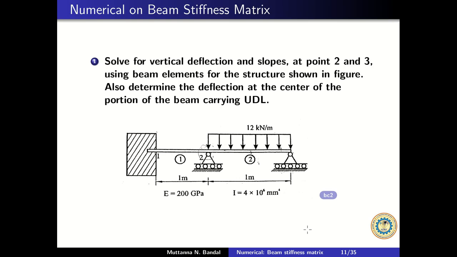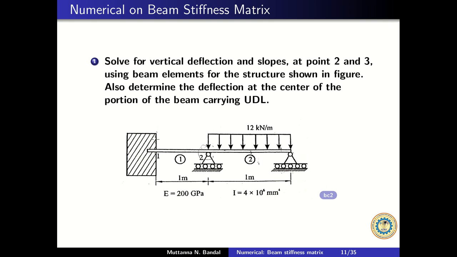So we'll discuss the next problem. So here the complexity is slightly increased by adding one more element. So the structure is of 2-meter length, and at one end it is fixed, and at the mid of the beam there is a roller support, and at the extreme end of the beam it is again a roller support. So now we should be able to make out the boundary conditions.